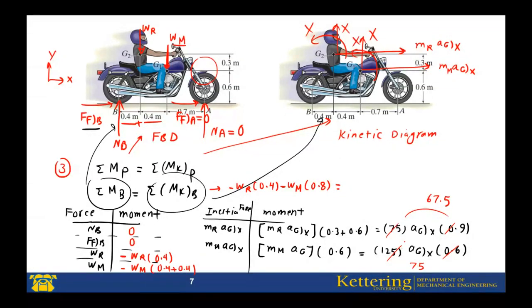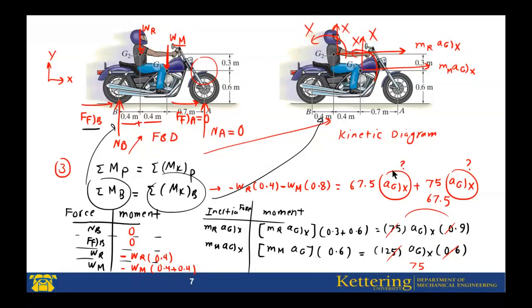Means that it is equal to 67.5 AGX plus 75 AGX. From this equation, the only unknown we have is this one.